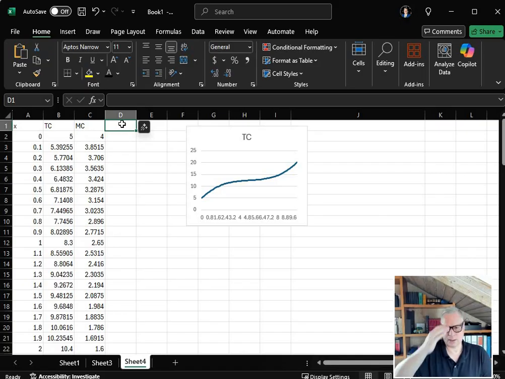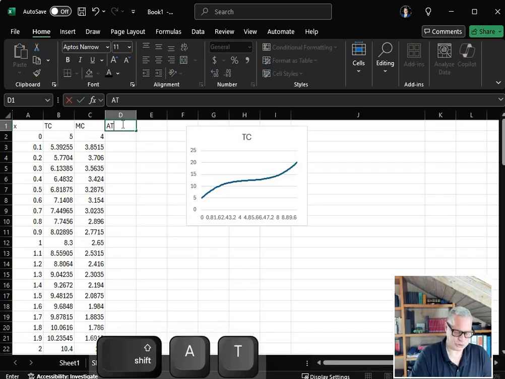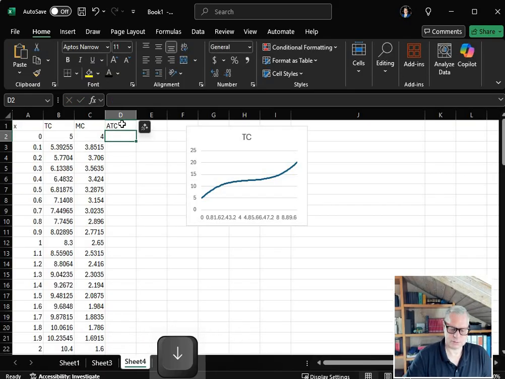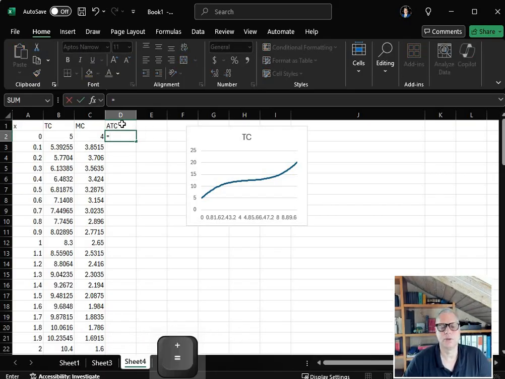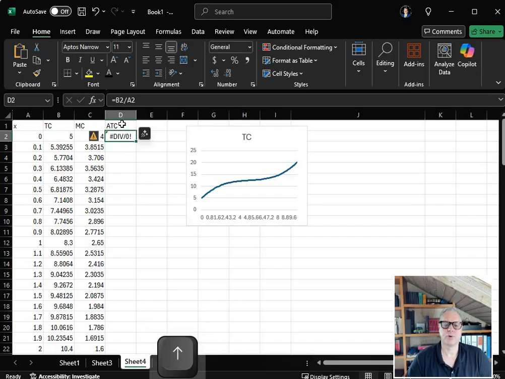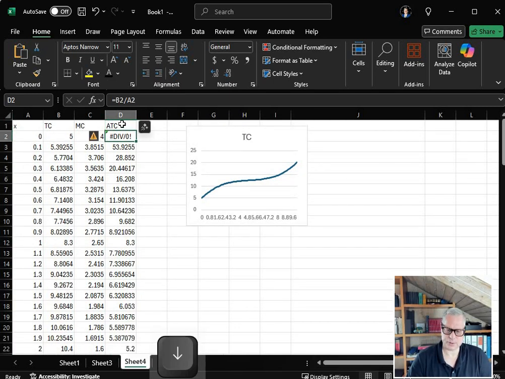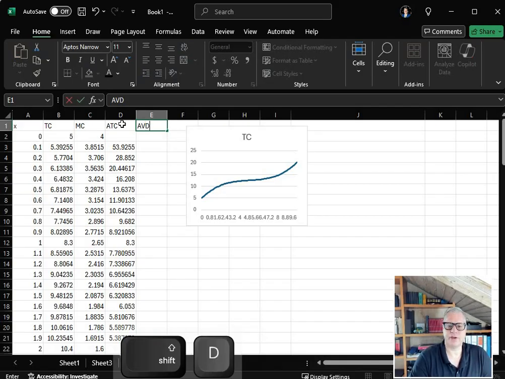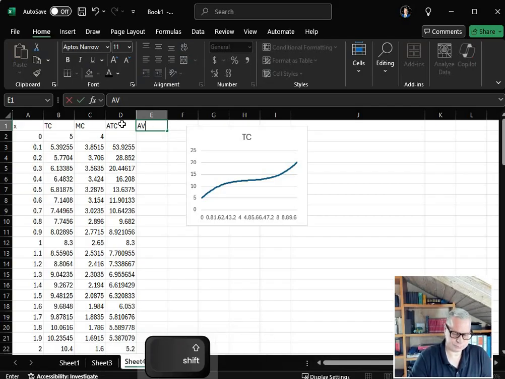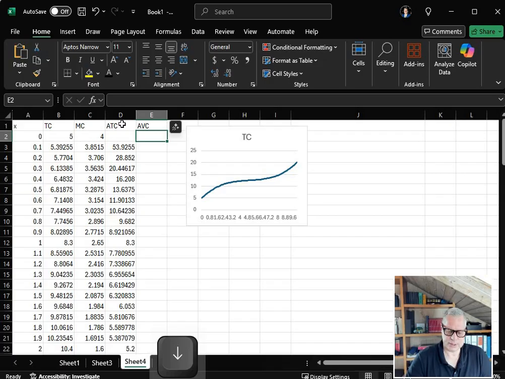Then we can calculate the average total cost. That is simply equal to the total cost divided by x. And of course I can't divide by 0, so that's a pretty high value, so let's just blank that out. And then average variable cost, so that is the same.